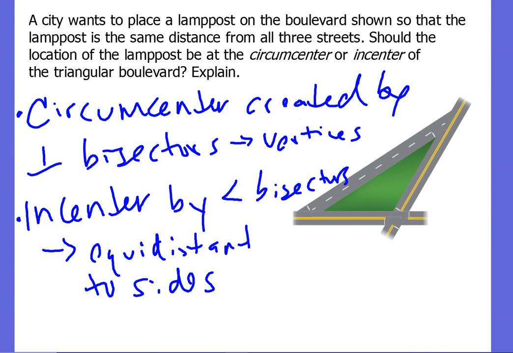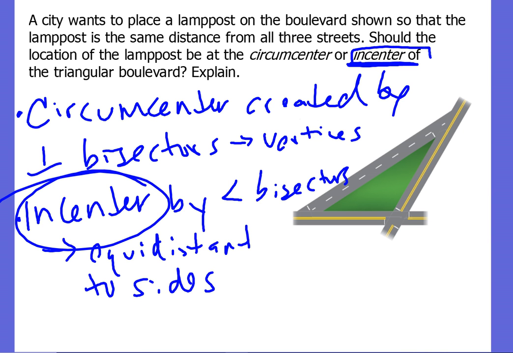The streets, or the intersections of the streets? Obviously it's the sides, the streets that we see right here. And so we want to focus on the incenter. Since the incenter is equidistant to the sides, we want to use the incenter to find out where that lamppost would be.